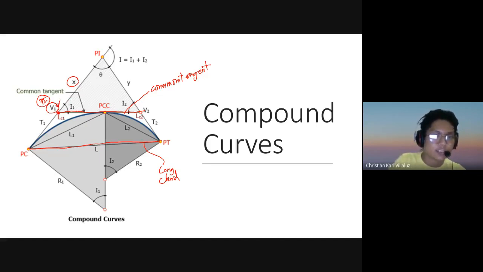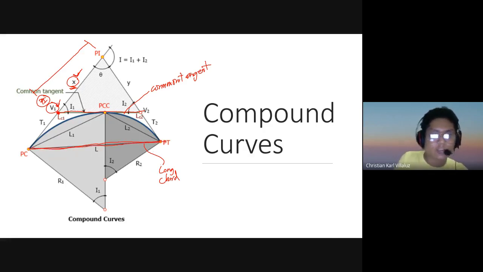So, yung distance galing sa vertex to point of intersection, yun yung x. So, ito, essential lang naman to sa paghahanap ng stationing ng compound curve. So, later, kapag magsasagot tayo ng problem, we will determine this x here. So, ito naman, long chord.